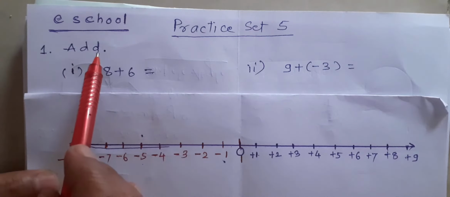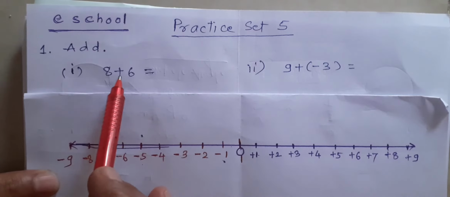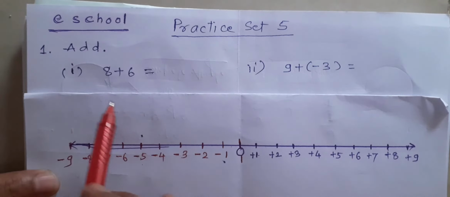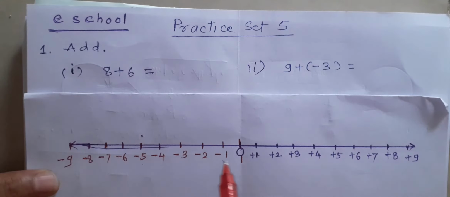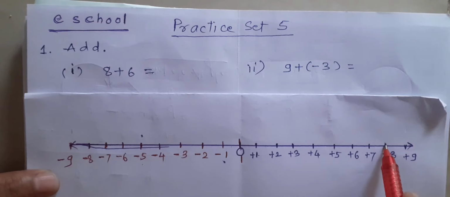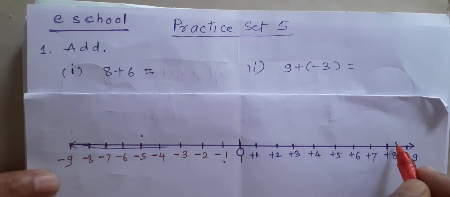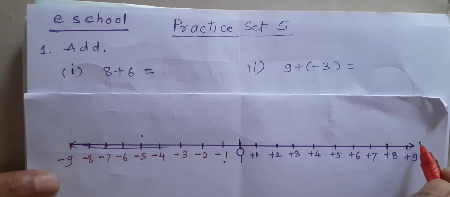First example, addition: add 8 plus 6. When we are adding 8 plus 6, this is the scale, where the plus 8 sign is. When we are moving towards the right hand side, that means we have to move 6 places right in the process of addition.